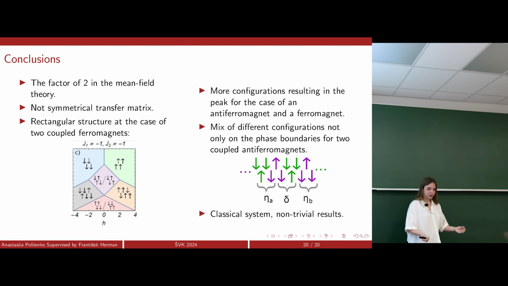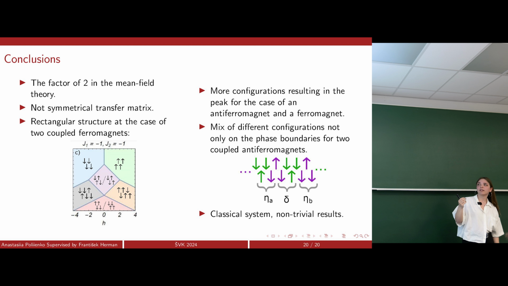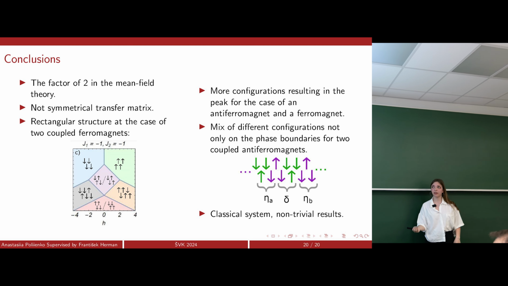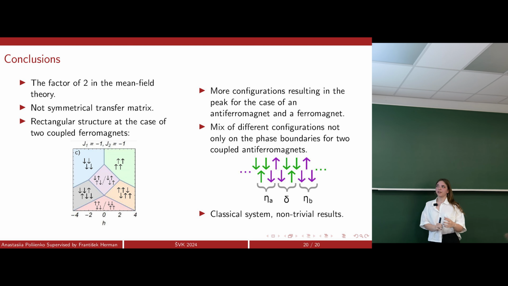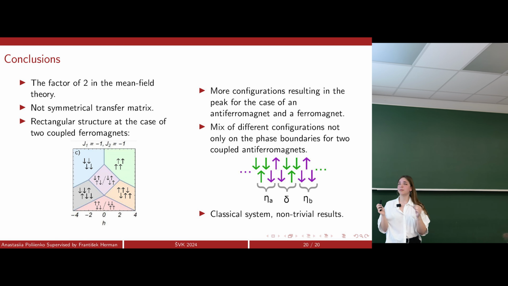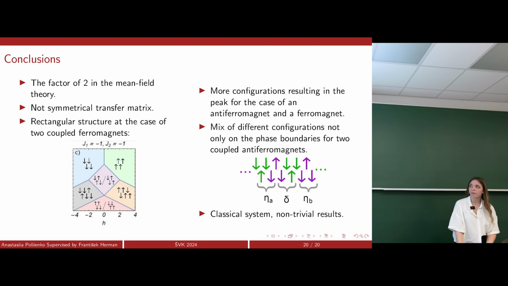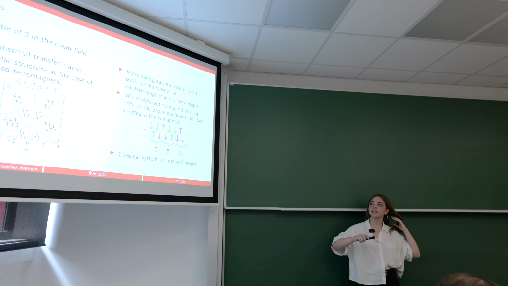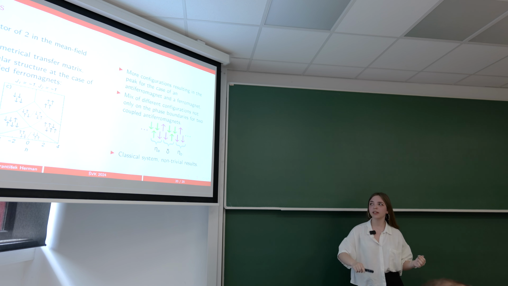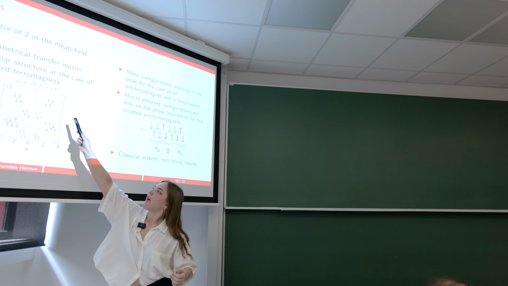So, to conclude, what did we have? Compared to the ladder model, we only had the factor of 2 in the mean field theory, and still other methods showed us more interesting results. We have dealt with a not symmetrical transfer matrix, which ended up not being a problem, and we have observed the rectangular structure as in the case of two coupled ferromagnets, this area here.